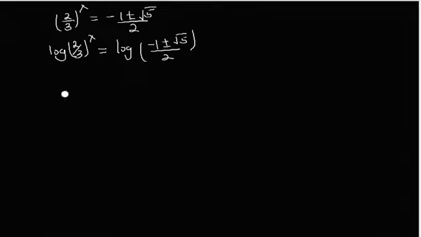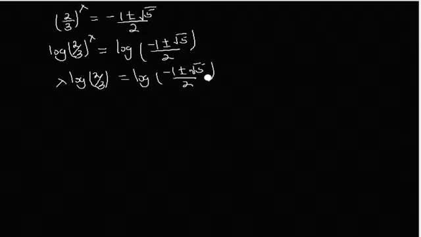And we can rewrite this into x log (2/3) being equal to log of (-1 ± √5) / 2. And to be able to get x, we'll have to divide both sides by log (2/3).